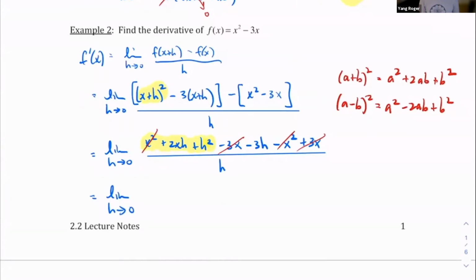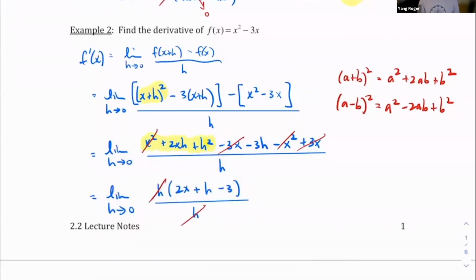Okay, so let's factor out an h from the numerator. So you've got h times 2x plus h minus 3. And then in the denominator, we have an h. And we can see that the h in the denominator finally gets canceled by the h in the numerator.